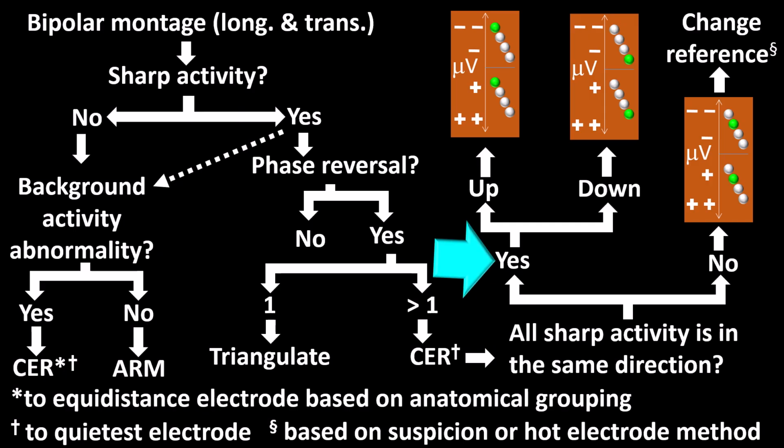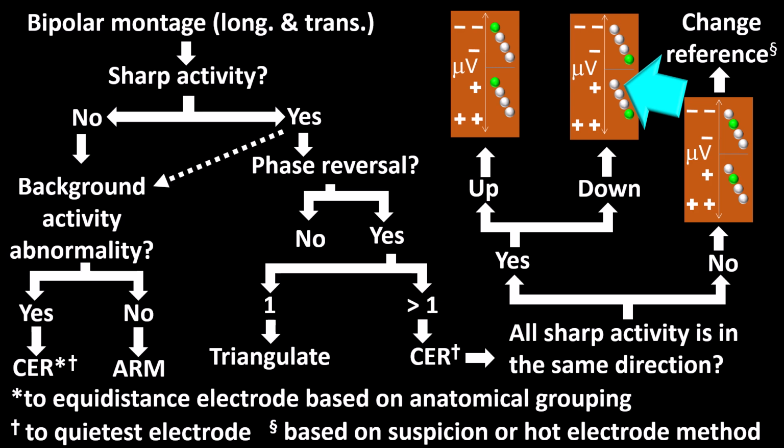If all the sharp activity is in the same direction and all deflections are up, then the common electrode is the least negative, in which case the quietest electrode is the minimum negativity. If, on the other hand, all sharp activity goes down, then the common electrode is the least positive, that is the minimum positivity.